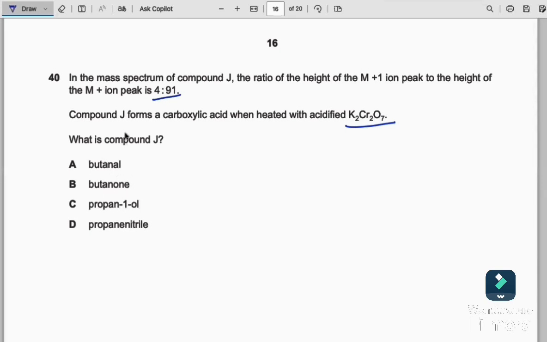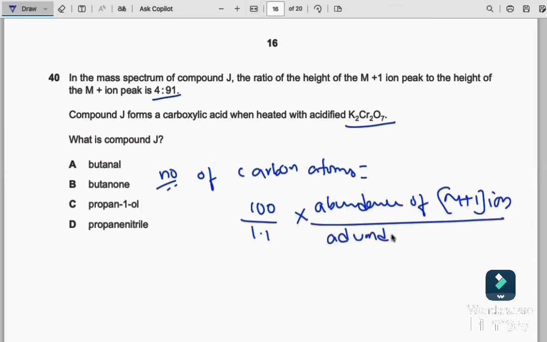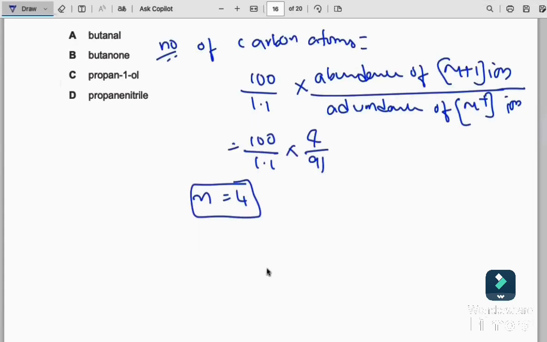Let's find the number of carbon atoms present using the formula we already have: 100 divided by 1.1, times the abundance of the M+1 ion over the abundance of the M ion. Here it is 4 to 91. So 4 by 91 gives n around 4. So we understand it should be an aldehyde made of 4 carbon atoms.